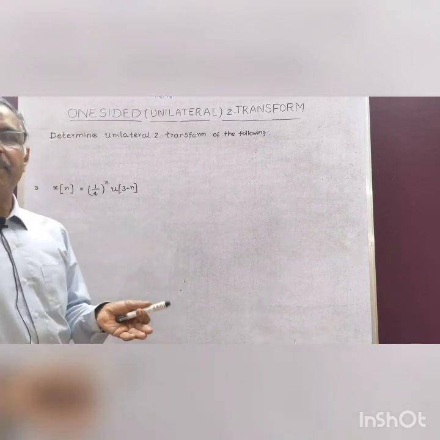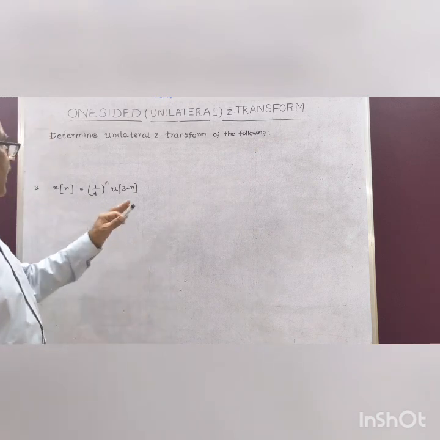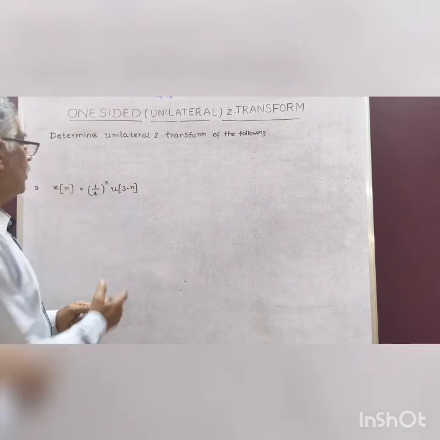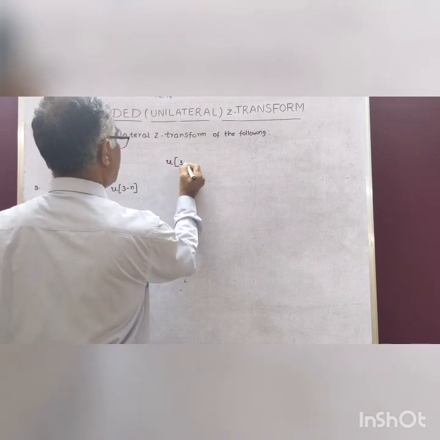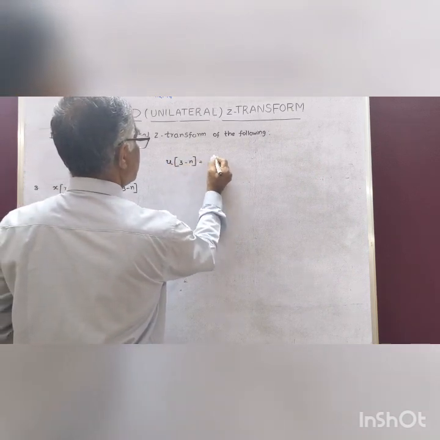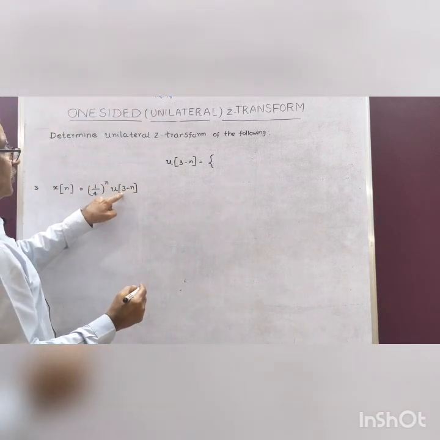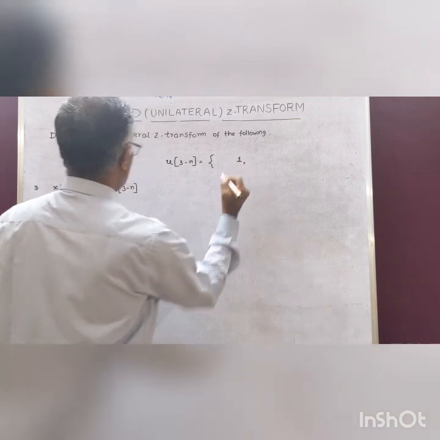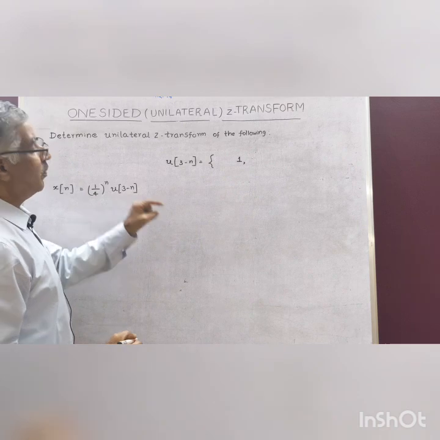Whenever the argument is greater than or equal to 0, its value is 1. So let us write u of 3 minus n. For n equal to 0, u of 3, the argument is positive, its value is 1. Next, n equal to 1, 3 minus 1, 2, argument is positive.